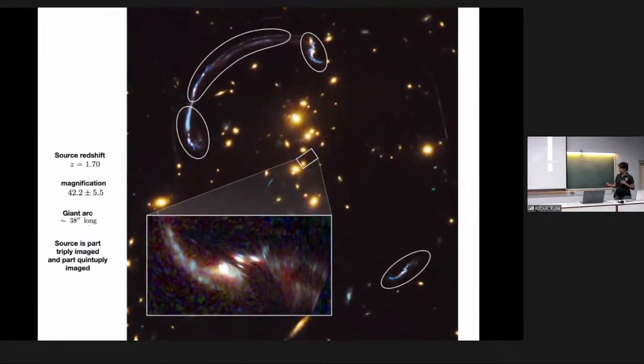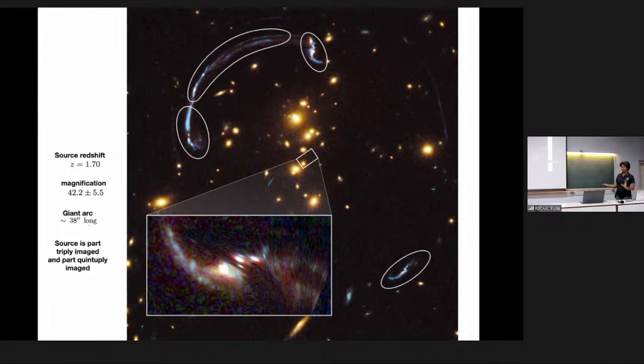So for this particular system, the source is at a redshift of 1.7. The total magnification is roughly 42. The extent of this arc is around 40 arc seconds. When you have this kind of extended source and complicated mass distribution, the images one can see are also not very simple.